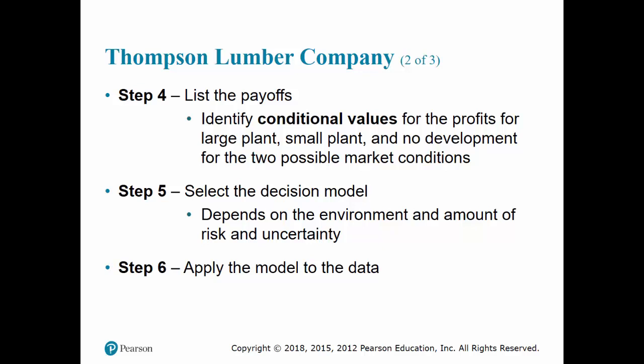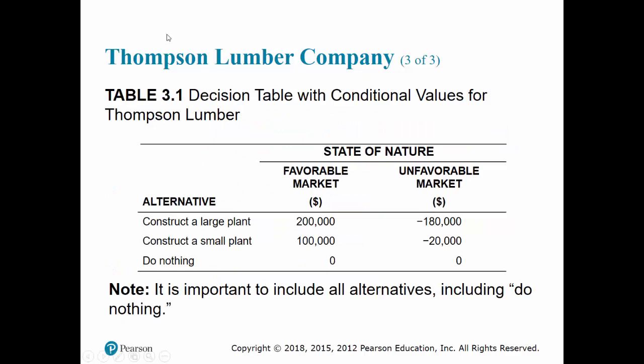So we have the data already available, so that's here. 3 possible alternatives, 2 possible states of nature, and these are the financial outcomes. $200,000 profit if we construct a large plant and the market is favorable, otherwise we lose $180,000.